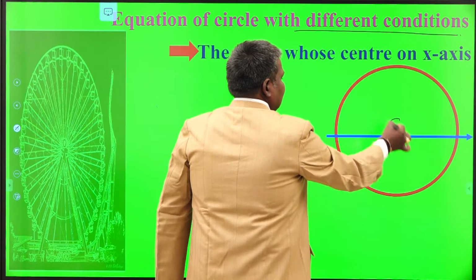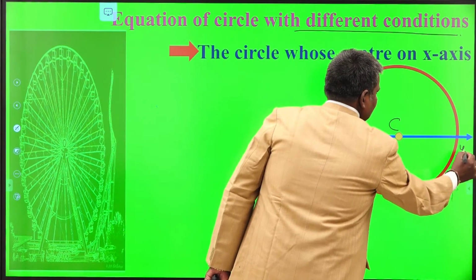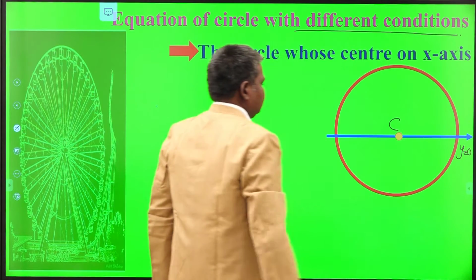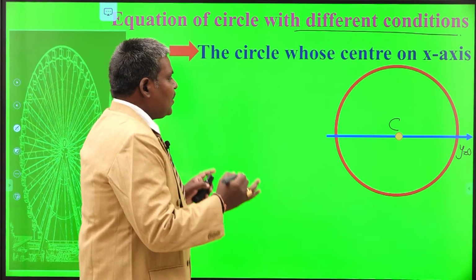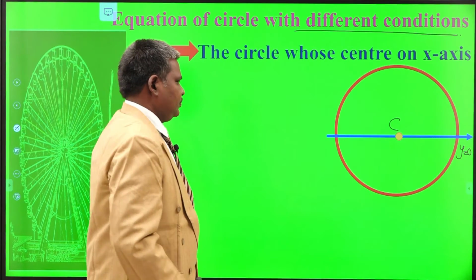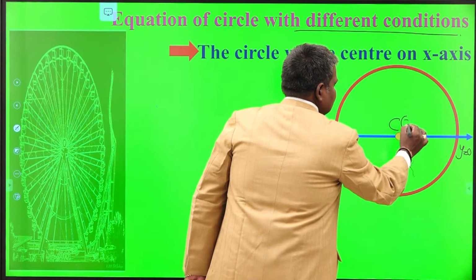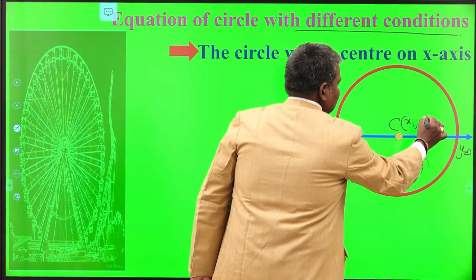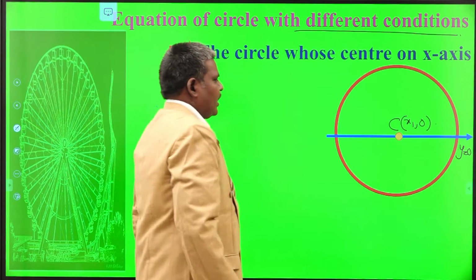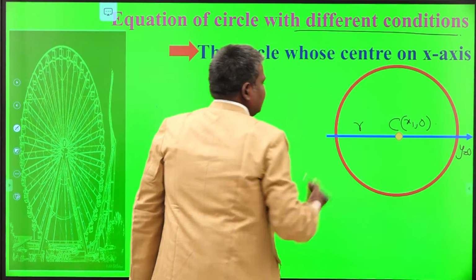Your circle's center lies on the x-axis. What is the equation of the x-axis? y equals 0. Any point on the x-axis has y-coordinate 0. We know that. So we take the center of this circle as x1 comma 0. Suppose its radius is r units.